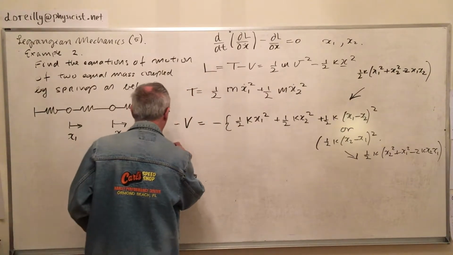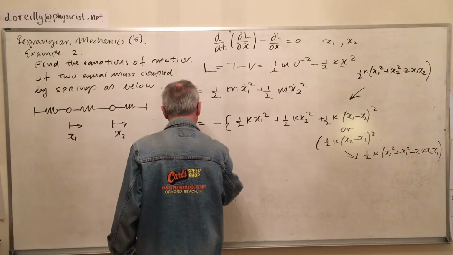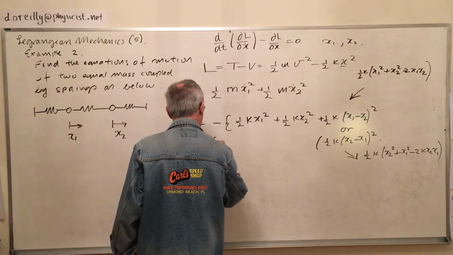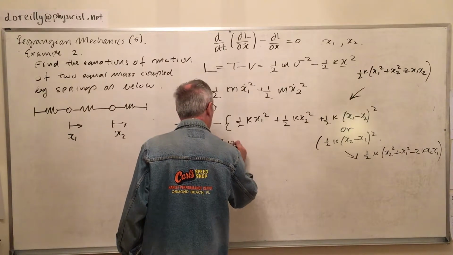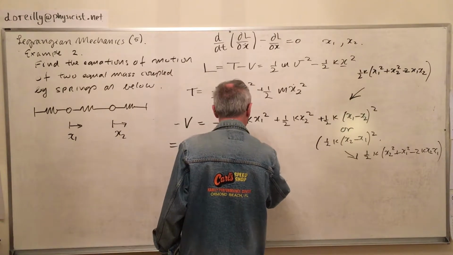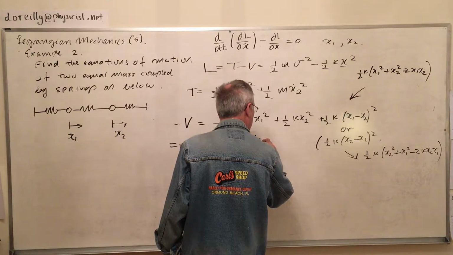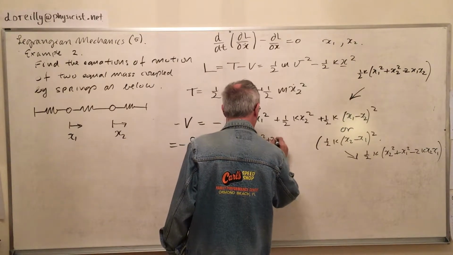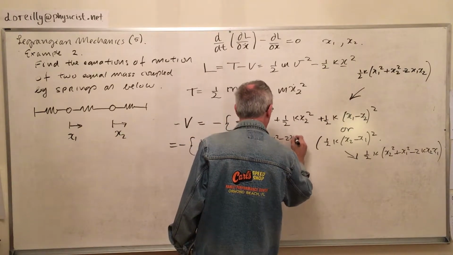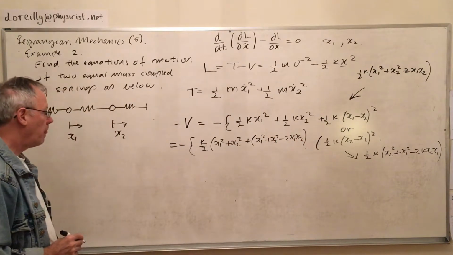So the potential term with a negative sign is going to be this. There's a common factor of k over 2. And we have that, okay?